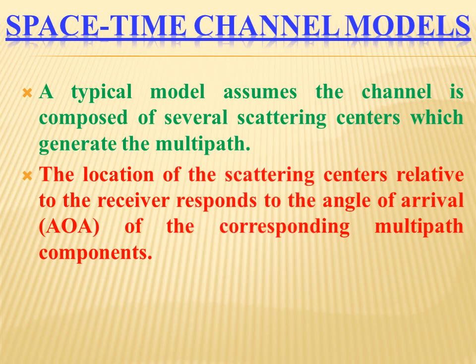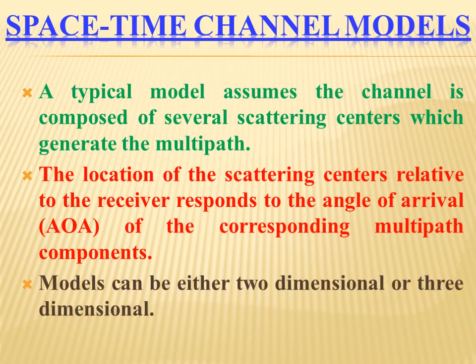Systems with multiple antennas require a channel model to characterize the angle of arrival and characteristics of the channel; the location of the scattering centers relative to the receiver corresponds to the angle of arrival of the corresponding multipath components. These models can be either two-dimensional or three-dimensional, which is the main benefit for the multipath channel models.